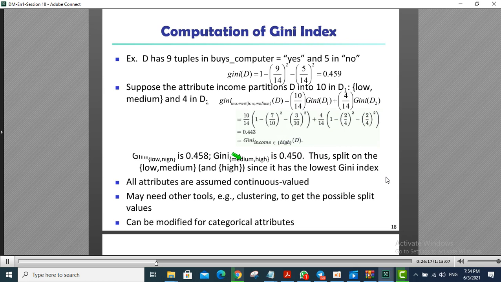I'm selecting different values for a splitting point. Okay? Here you can see that the Gini of income, when I'm choosing the space between low and medium, is 0.443. Between low and high is 0.458, and between medium and high is 0.450.